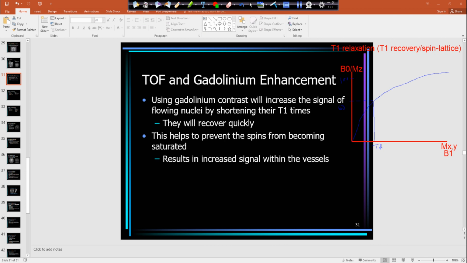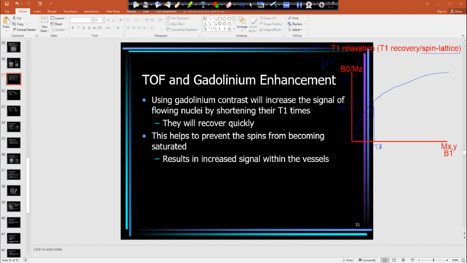So if you have all of this gadolinium with those unpaired electrons, and then you have all these H positives, it's going to react with the tissue lattice a little bit more. And if it reacts with the tissue lattice, it's going to recover a lot faster.